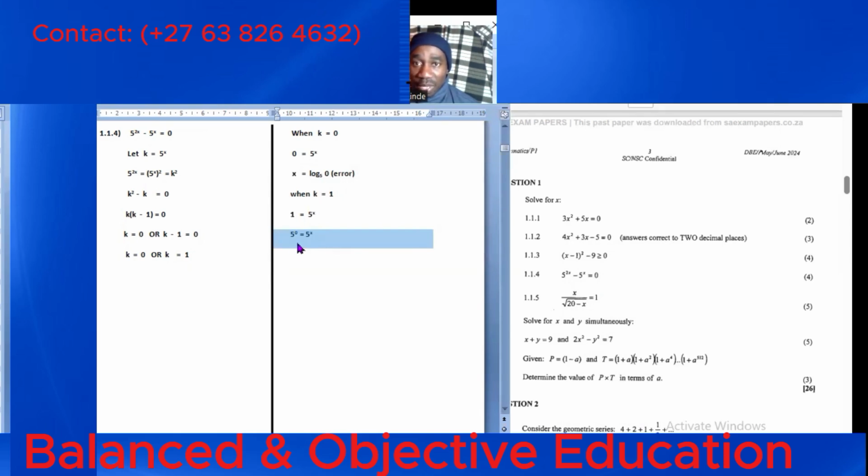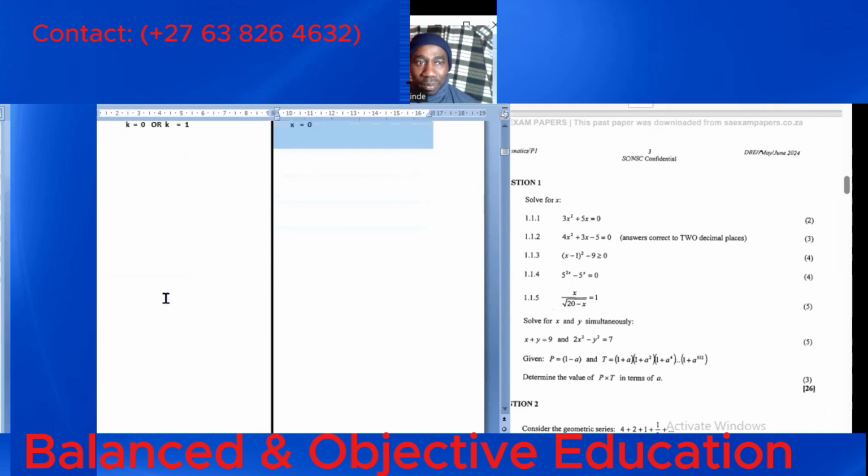But any other number, be it positive or negative, raised to power 0 will give us 1. So that is the reason we set this 1 to 5 exponent 0. Since the base is the same on both sides, you can cancel the base and you equate the exponents to each other. So that means that x will be equal to 0. That is the solution to question 1.14.